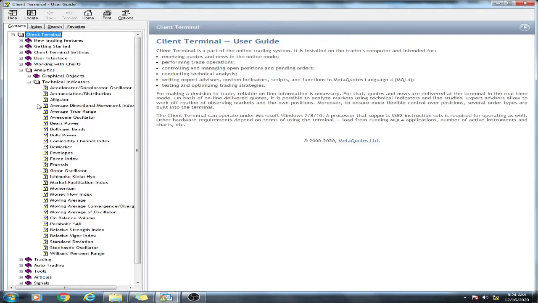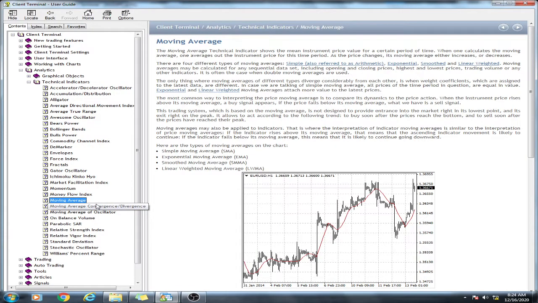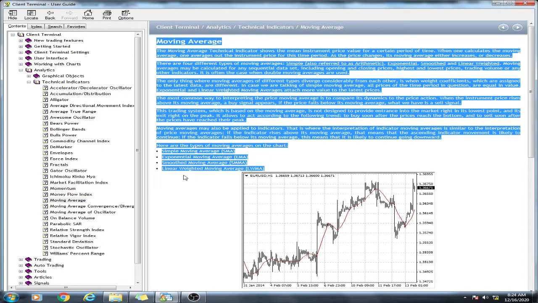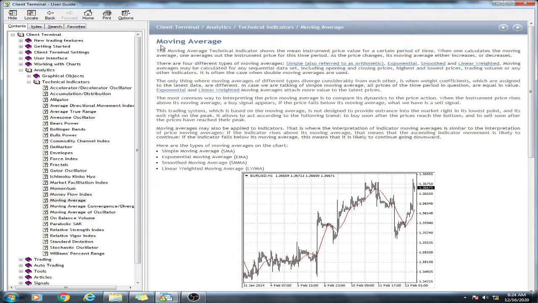Here on the technical indicators, there's this option where there's moving averages. When you click it, you'll basically find an explanation, like documentation, of what a moving average is.